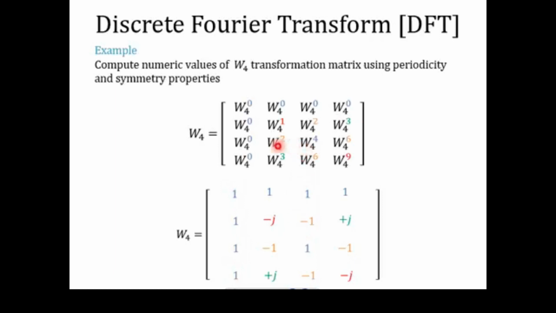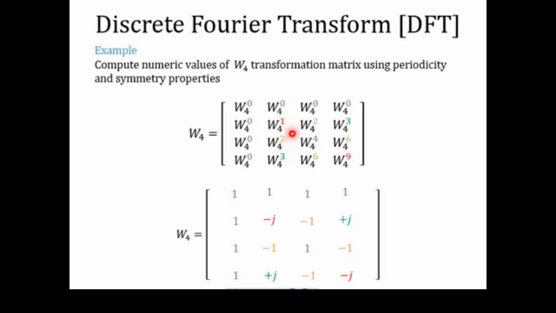Now let's come to W42. By applying symmetry property, we can simply state that W42 will be equal to negative times W40 because the k plus N by 2 relation states that 0 plus 4 divided by 2 will be 2.